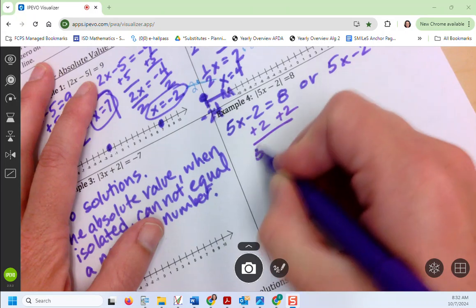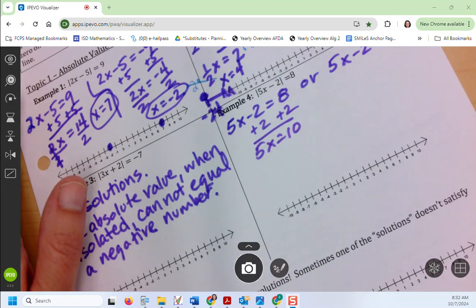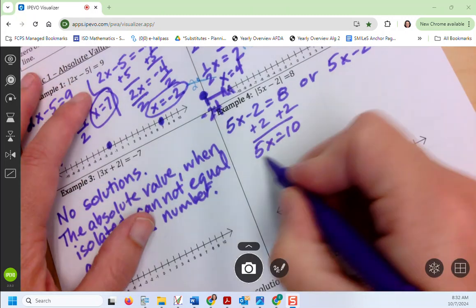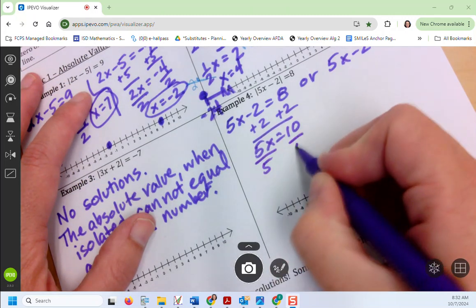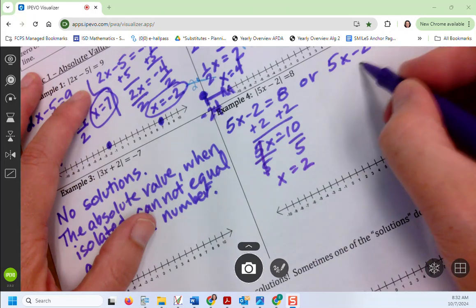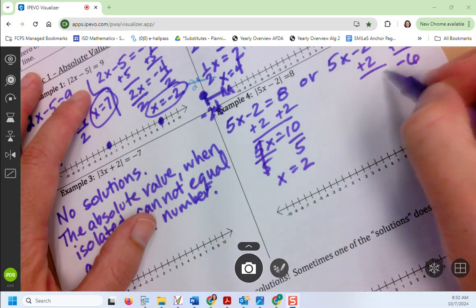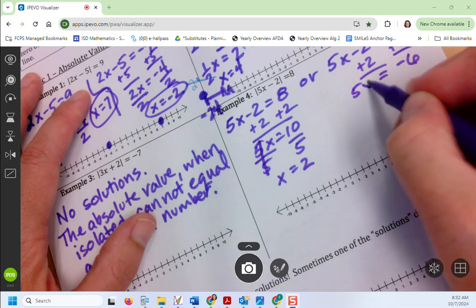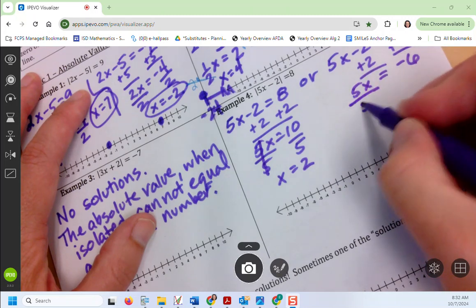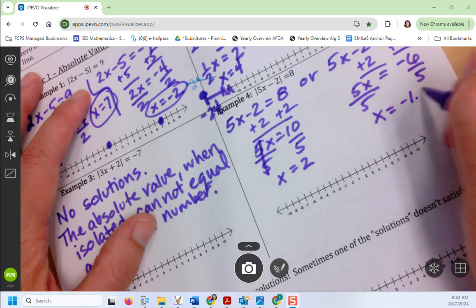Get 5x equals 10. And then how do I get rid of the times 5? Divide by 5. So I have x equals 2. Then this one. Divide by 5 again. x equals negative 1.2.